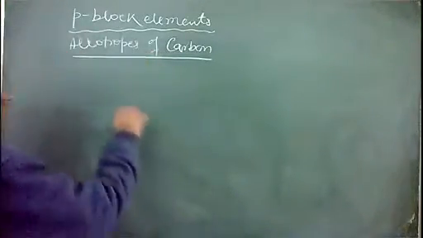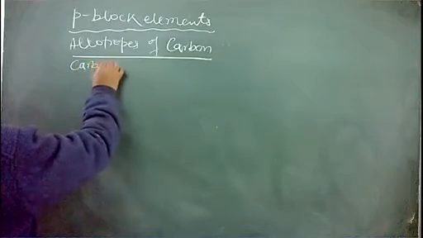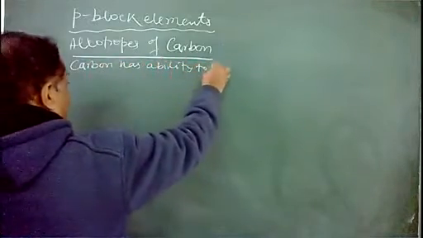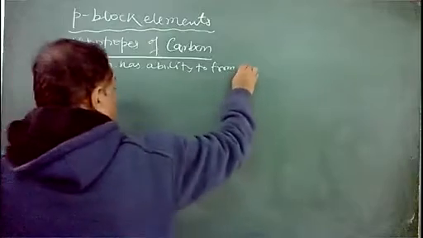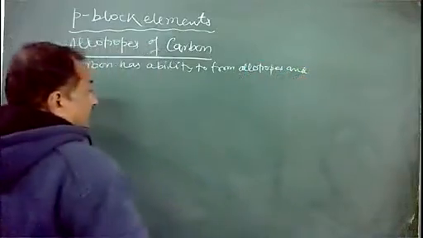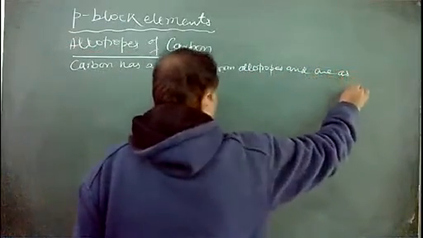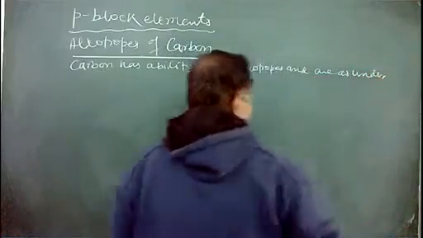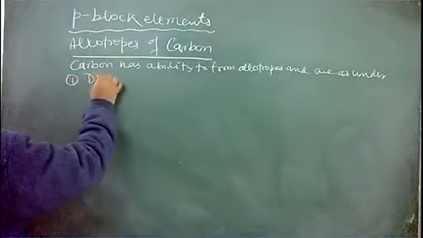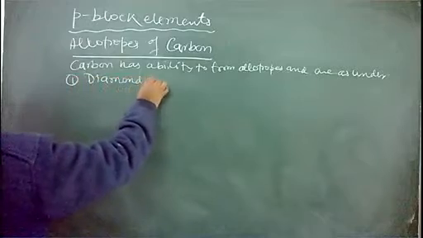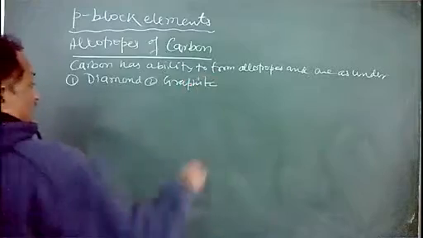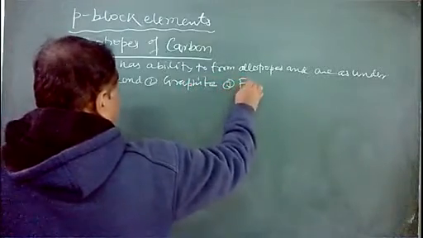So children, carbon has the ability to form allotropes, and they are as under. You all know the allotropes of carbon. First is diamond, second graphite, and third is fullerenes.